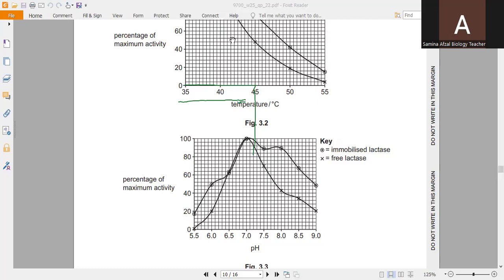This is particularly visible in the acidic range, 5.5 and 6.5. This is the alkaline range and this is the acidic range. The beads provide a microenvironment that protects the enzyme's active site from extreme changes in hydrogen ion concentration.